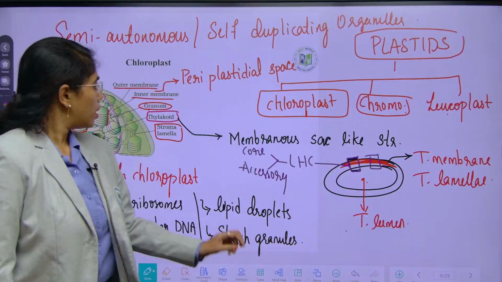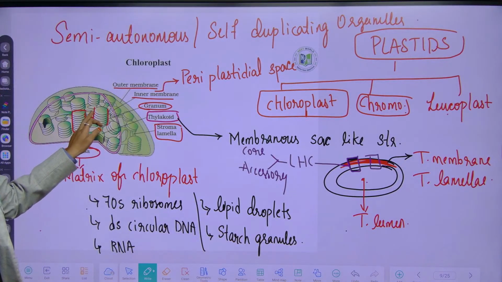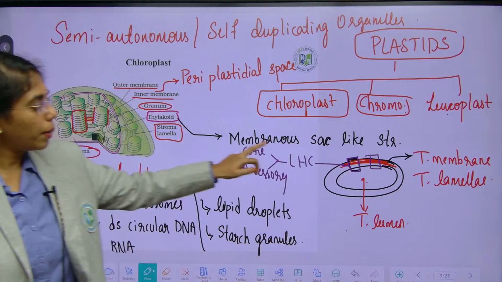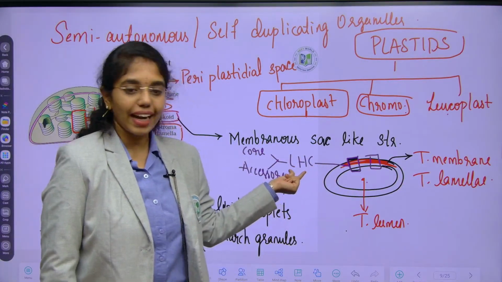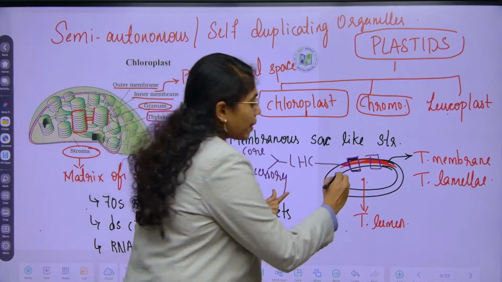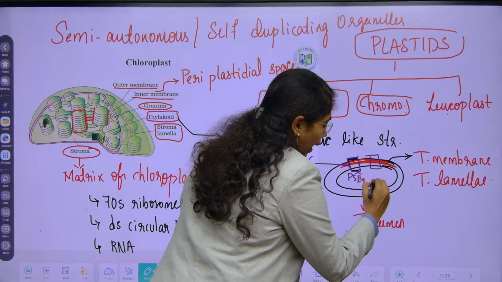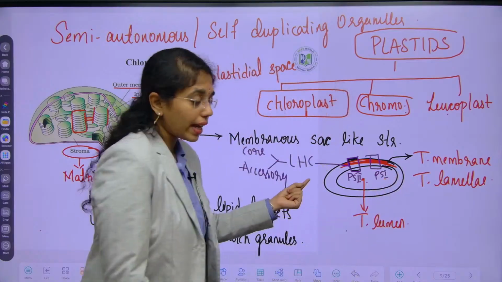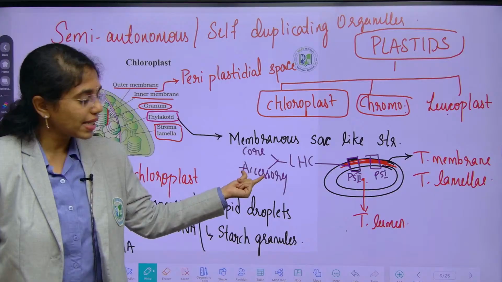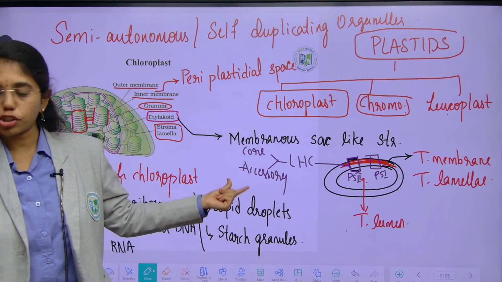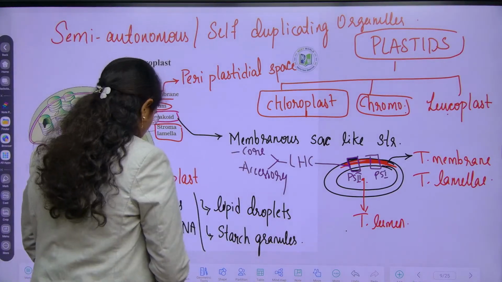Remembered? The third membrane system of chloroplast is the thylakoid. The membrane is thylakoid membrane or lamellae. It consists of light harvesting complexes named photosystem 2 and photosystem 1. They consist of pigments classified into two types, core pigments and accessory or antenna pigments.